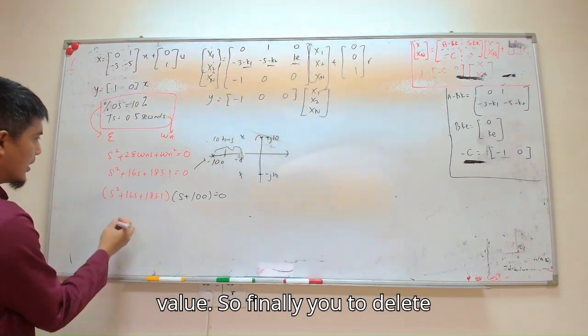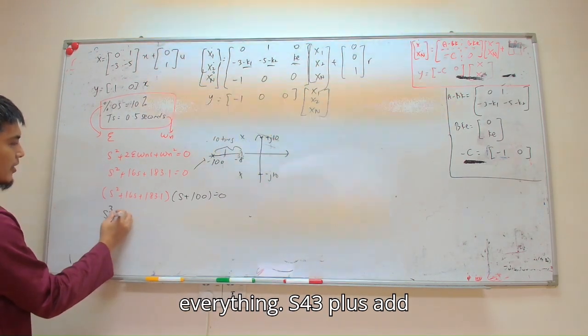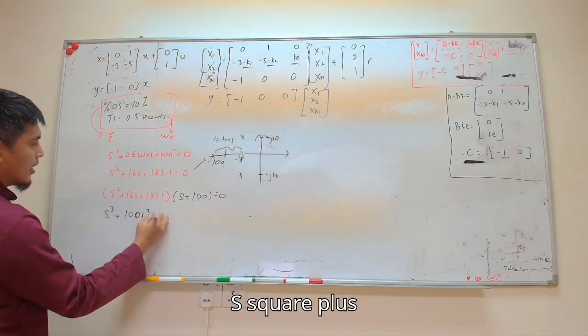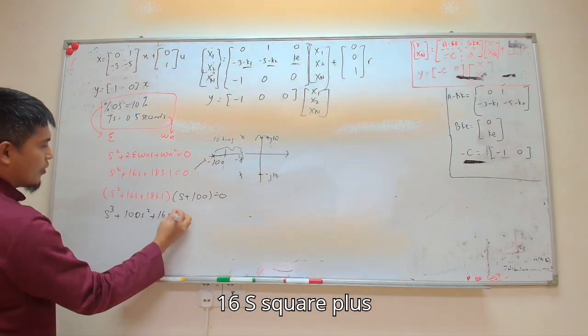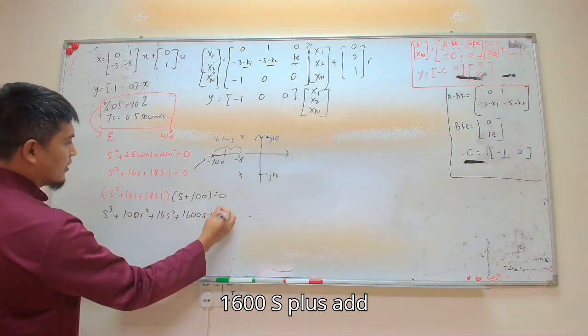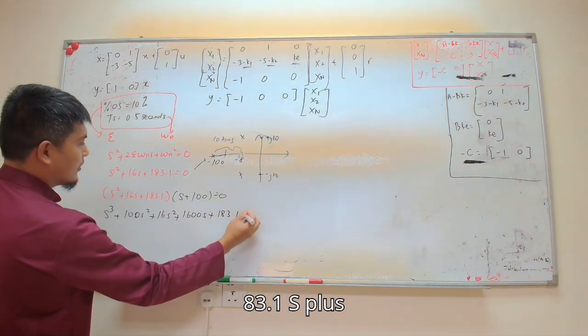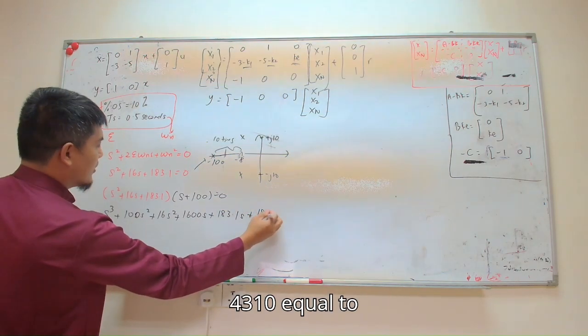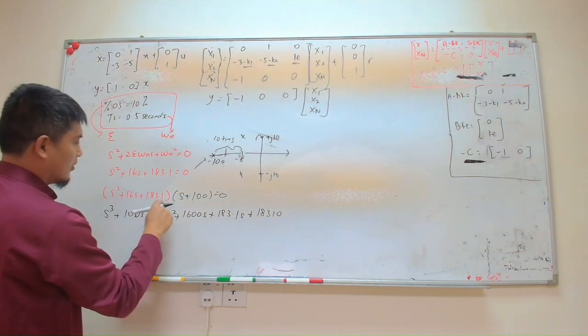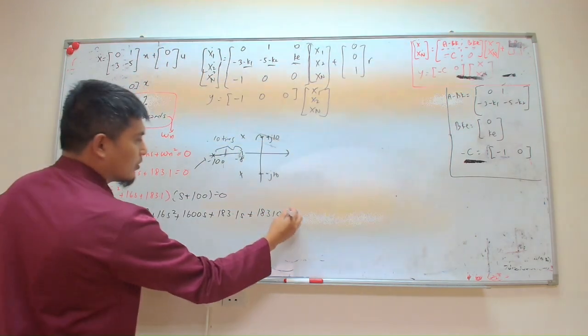So finally you calculate everything. S to the power of 3 plus 100 s squared plus 16 s squared plus 1600 s plus 183.1 s plus 18310 equal to 0.